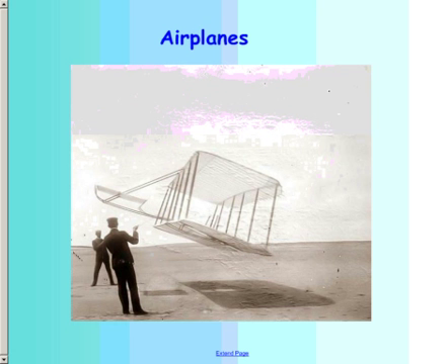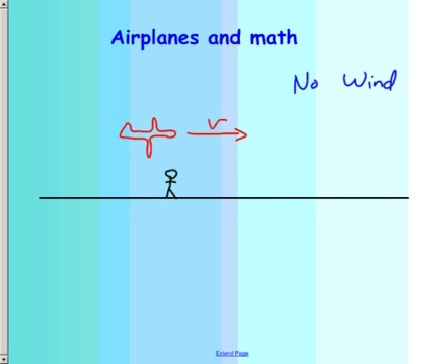The air is going by the wings, providing the lift, but we also have the air going across the ground. That's why this thing is up in the air while they're holding on to it. So we've got the air moving compared to the airplane, and we also have the air moving compared to the ground.